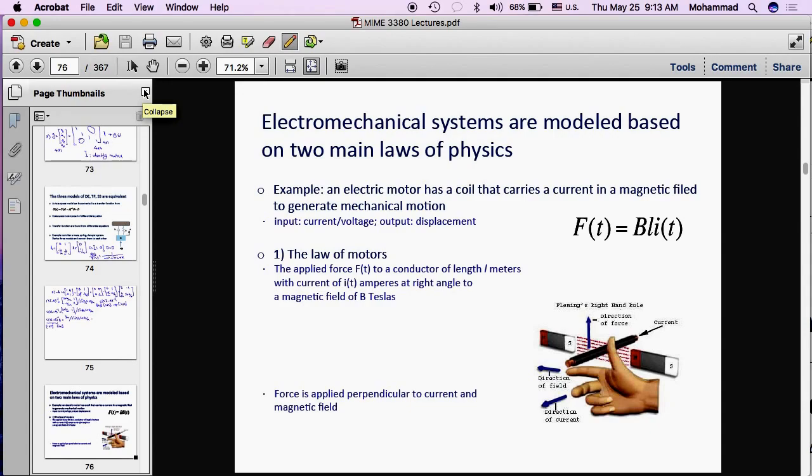But the reality is, we never have a system that has only one physics. Always these are mixed in any practical applications. And the two domains that we will bring together as our initial attempt at multi-physics modeling are electrical and mechanical systems together.